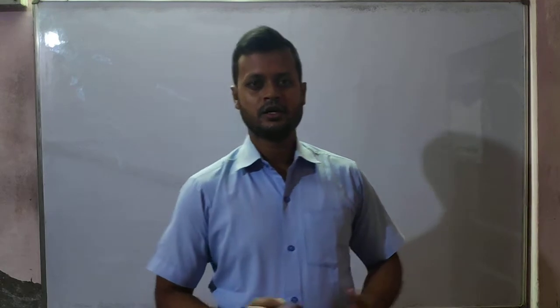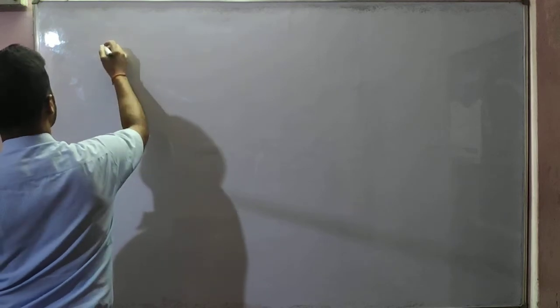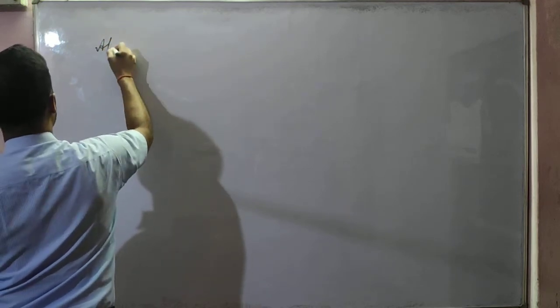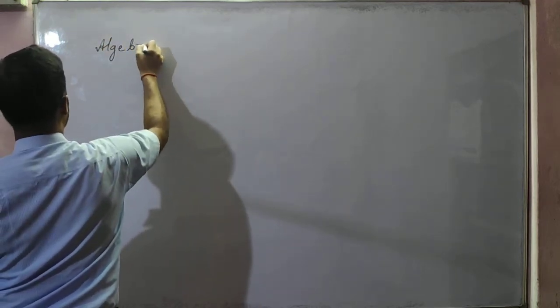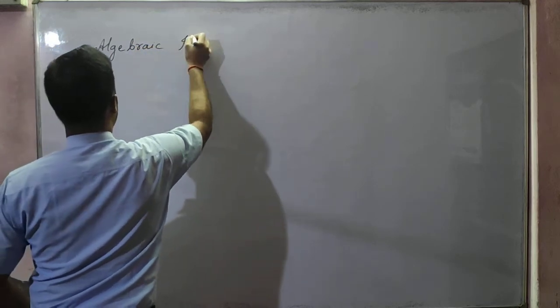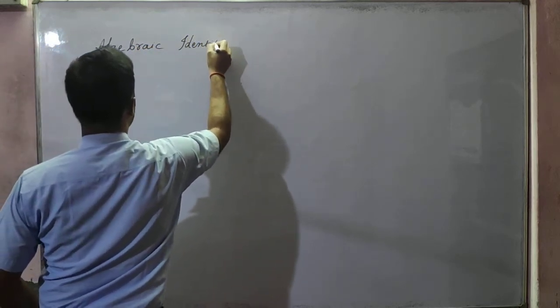So, students, today we will continue with knowing our new identities, isn't it? Identity 1 I gave in the last video. So today let us see the next algebraic identities. We are learning algebraic identities.